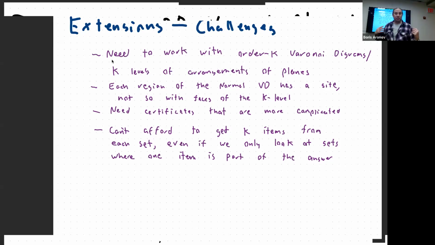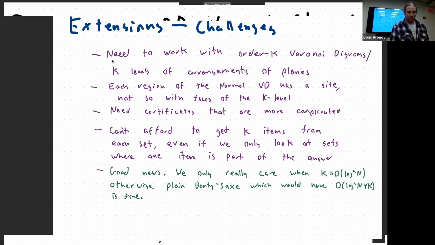But suppose this set has one of my answers, this set has one of my answers, this set has one of my answers. I can't afford for each of them to give me k answers and then combine them, because that would take k squared time just to deliver the answers. So I need to somehow keep asking for things to be delivered exponentially. And we use a technique; I see Sarita is talking in a few weeks, and she had a paper that was very useful in figuring out this part of it.